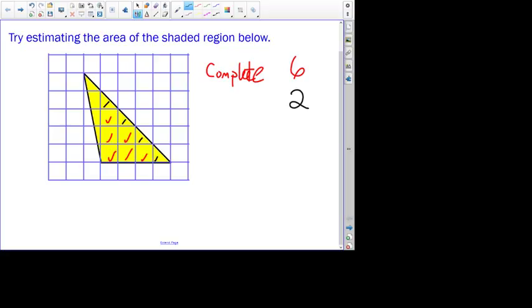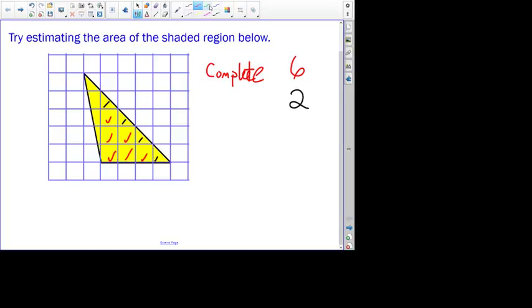Now I'm left with, I'm going to highlight it here, basically this side of the triangle. And for us to find out the area of that side of the triangle, well, here's what I can see.